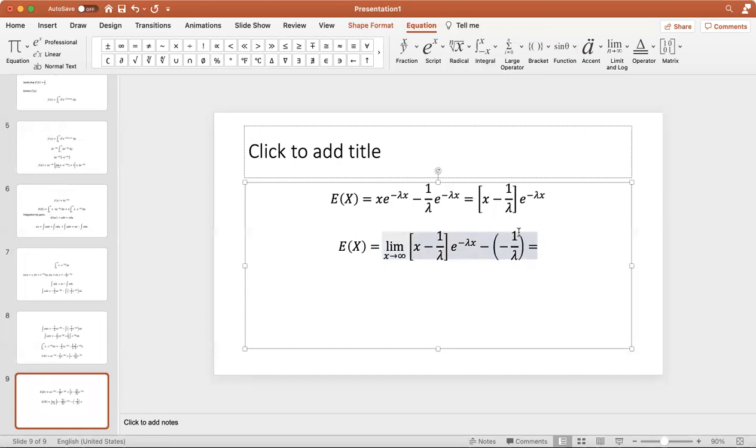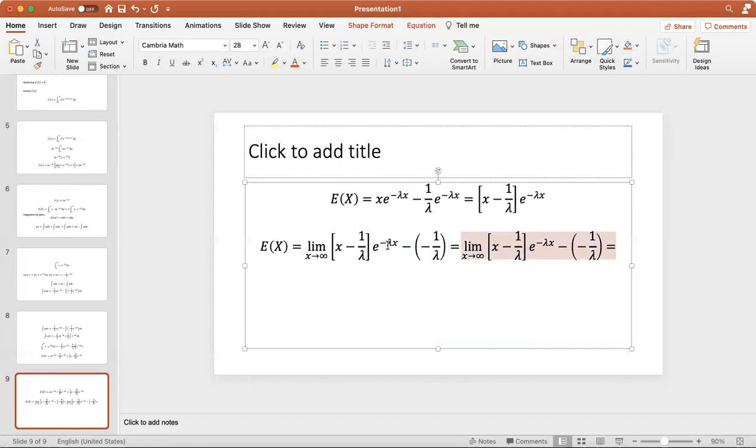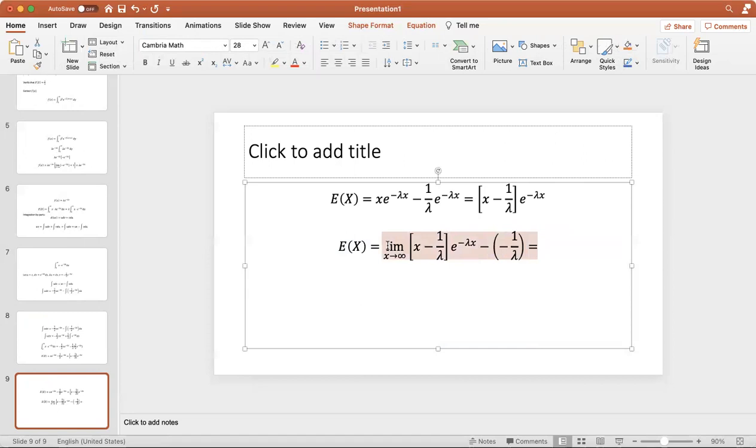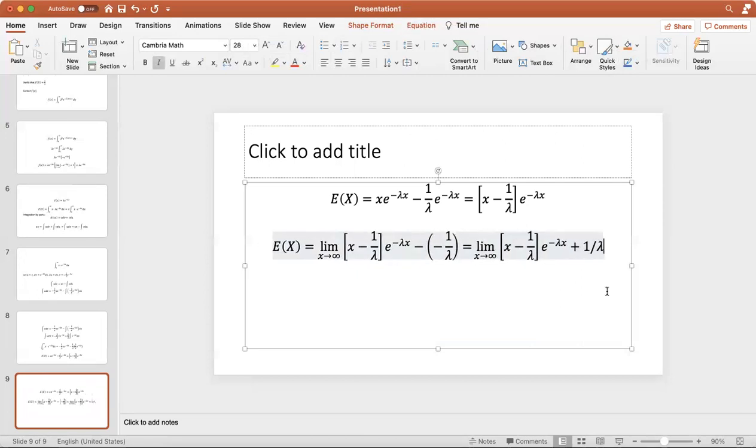Which is equivalently the limit of this bracket term as x approaches infinity, plus 1 over lambda.